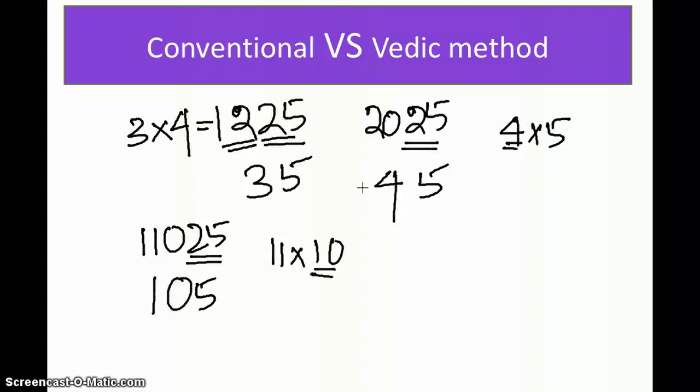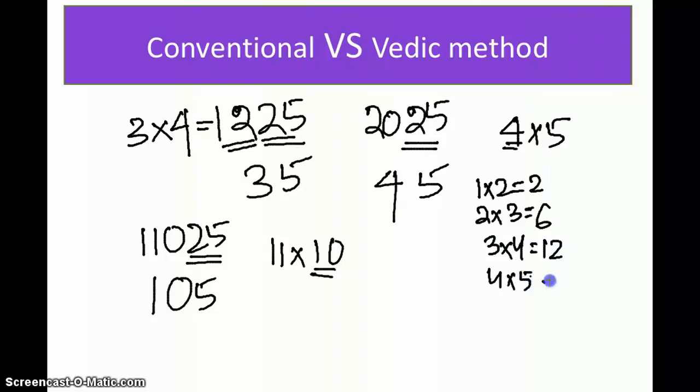What I mean by multiplication result is when we multiply any consecutive numbers, we can start with 1 into 2 gives me 2, 2 into 3 gives me 6, 3 into 4 gives me 12, 4 into 5 gives me 20.